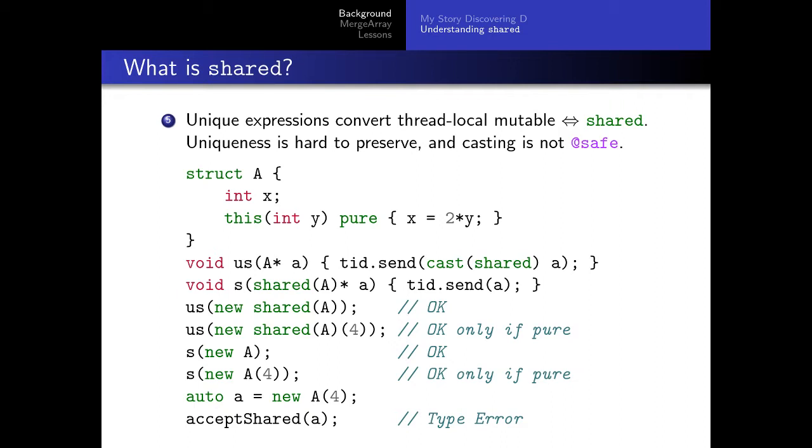Similarly, even if it's shared, even if you don't explicitly construct a shared A here, if you create it just as the init value on the heap, you can pass it in, but if you try to use the constructor, it needs to be pure.